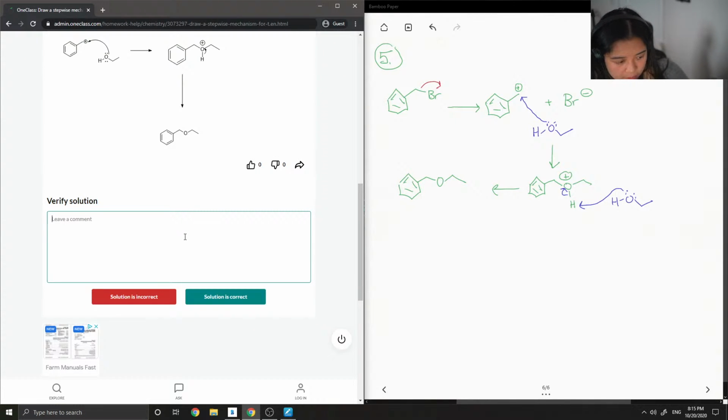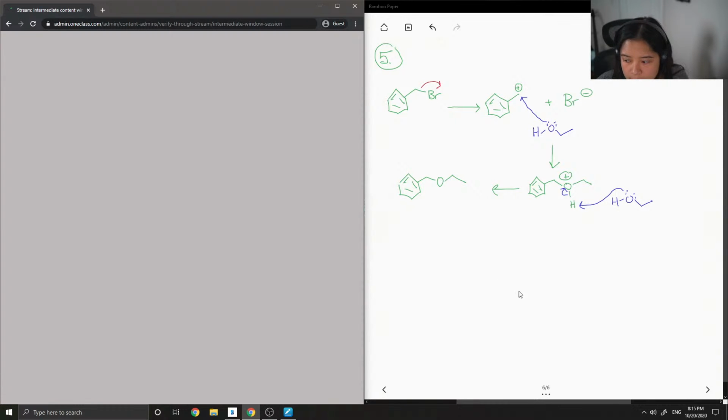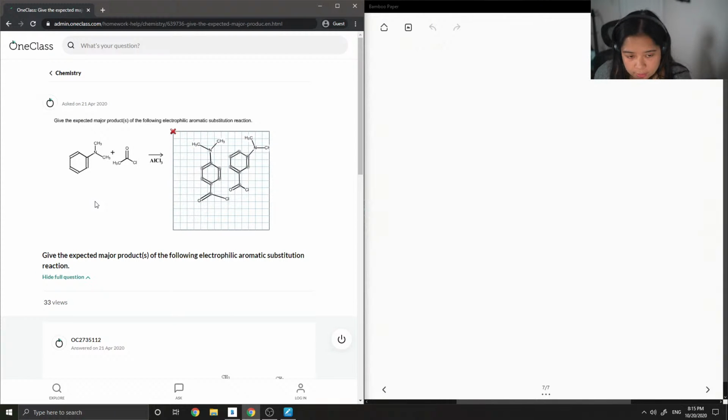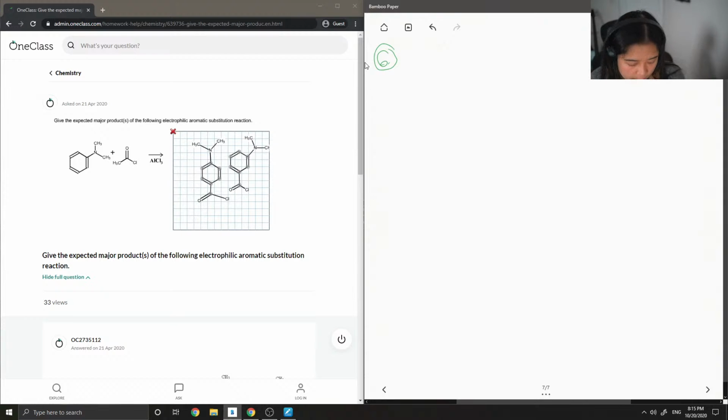And then we're left with that as the final product. Okay, so we can now move on to question number 6. Give the expected major products of the following electrophilic aromatic substitution reaction. Okay, so let's write out what we're given.